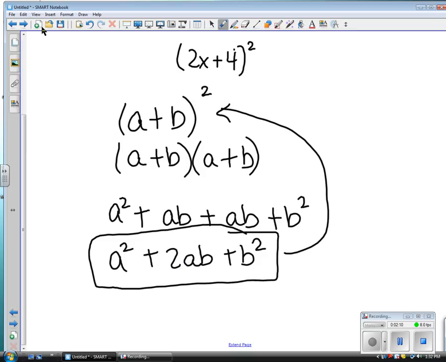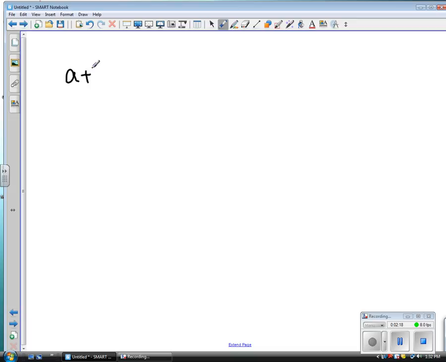Okay, I want to change pages. Somebody remember those two equations that we did at the top, x plus 3 squared and 2x plus 4 squared. Alright, so our a plus b squared came out to be a squared plus 2ab plus b squared. When you go home tonight, write that at the top or to the side every time that you start a problem. That way you'll remember it.